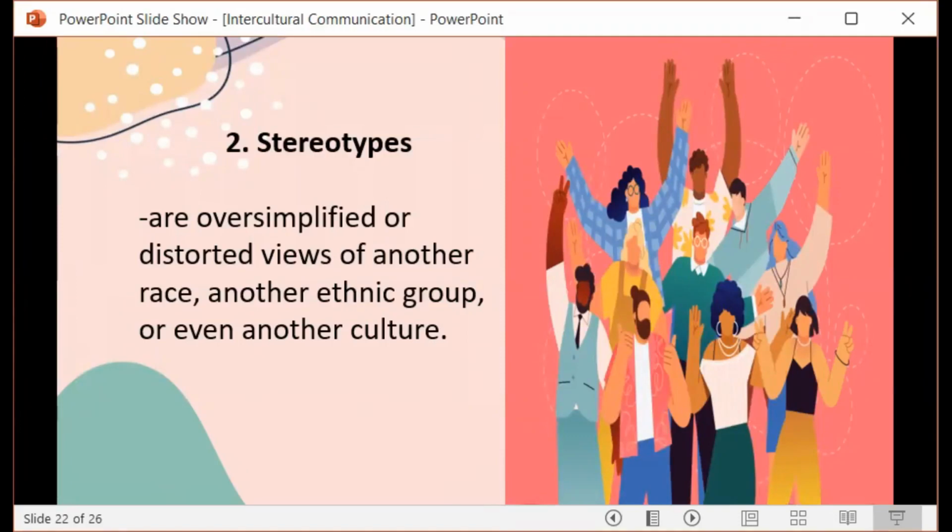Stereotyping is a means of categorizing and generalizing from the massive amount of data that we receive on a regular basis. However, the challenge is that once stereotypes are created, they are difficult to change, whether the stereotype or distorted view is favorable or not.